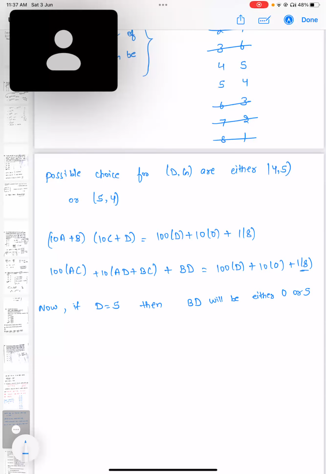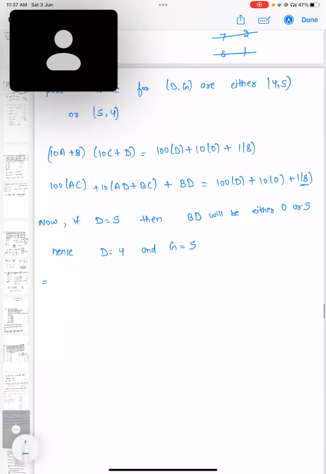But here the unit term is 8. Hence, what we got? D is equal to 4 and G is equal to 5. This implies our 3-digit number DEF is nothing but 408.